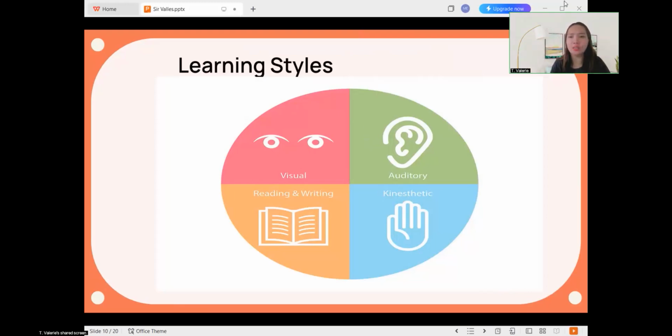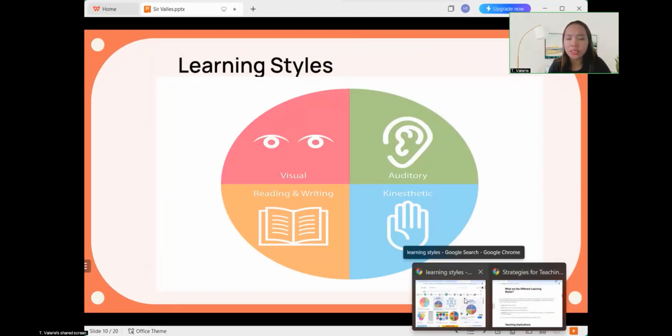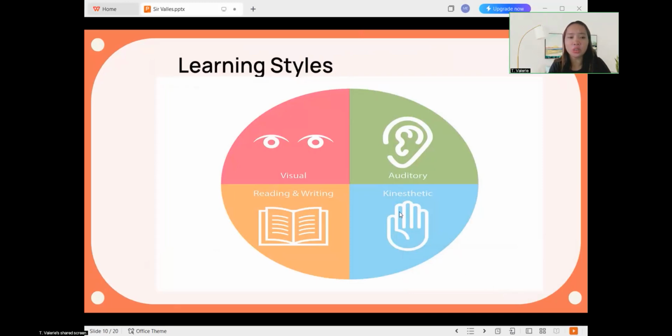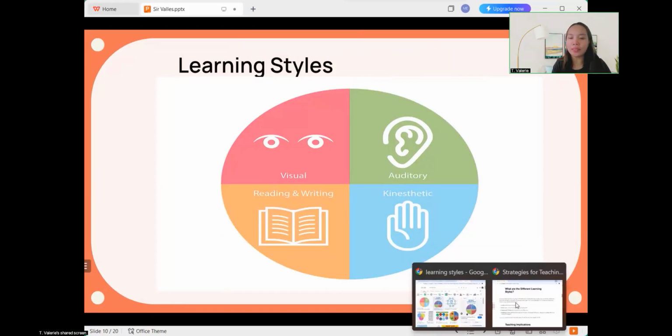Now let's have the auditory. These learners prefer to learn by listening and speaking. Now let's have the third one, reading and writing.